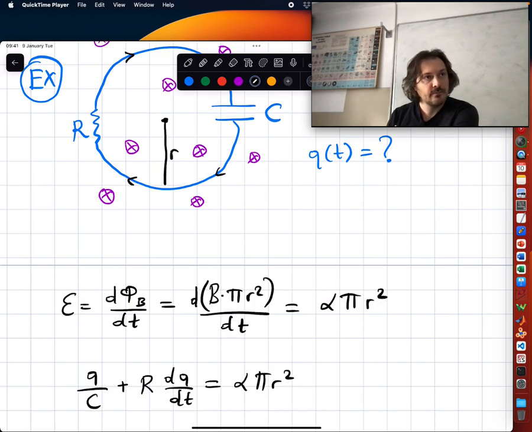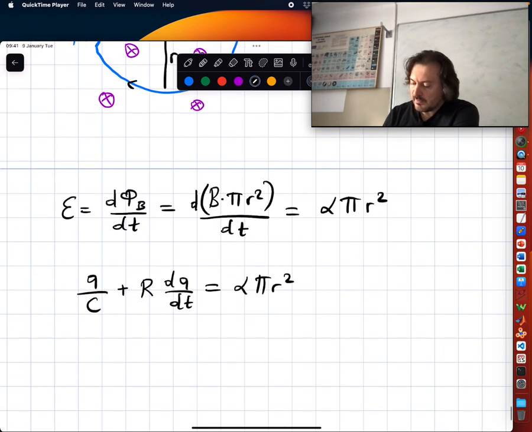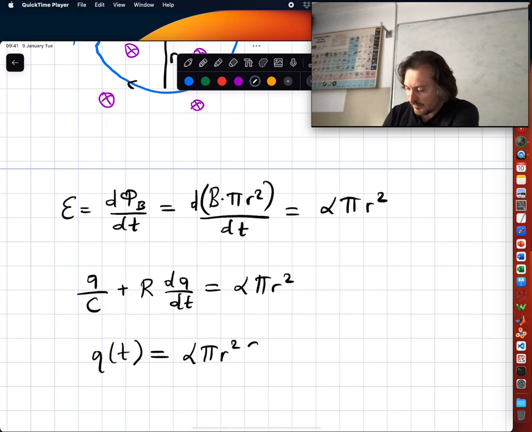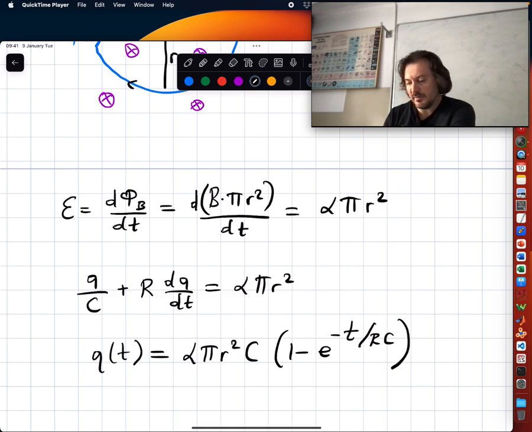All right? And if you solve it properly, which we did many times, it's going to be alpha pi r squared times C times (1 minus e to the minus t over RC). That's going to be the Q with respect to time.